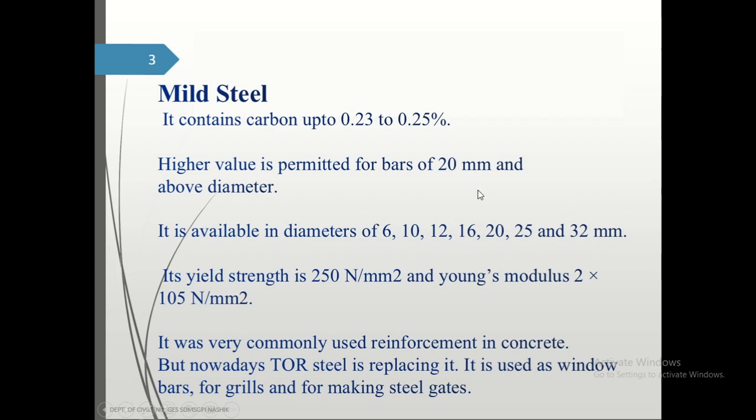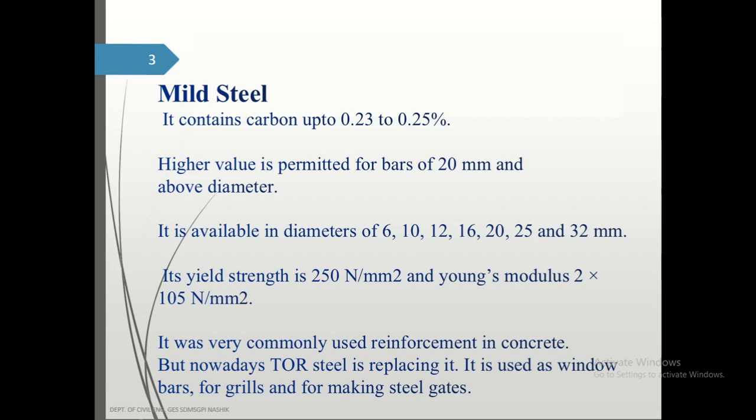Strength is 250 newton per mm square, and Young's modulus is 2 into 10^5 newton per mm square. But nowadays we are mostly using torch steel; torch steel is generally replacing mild steel. Mild steel is still used in windows, bars, and grills for making steel gates.